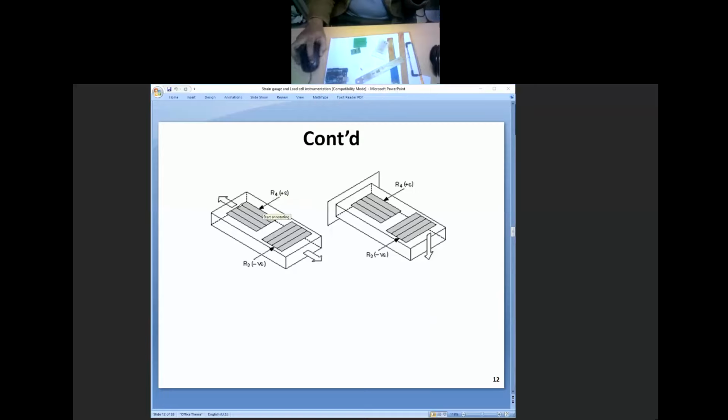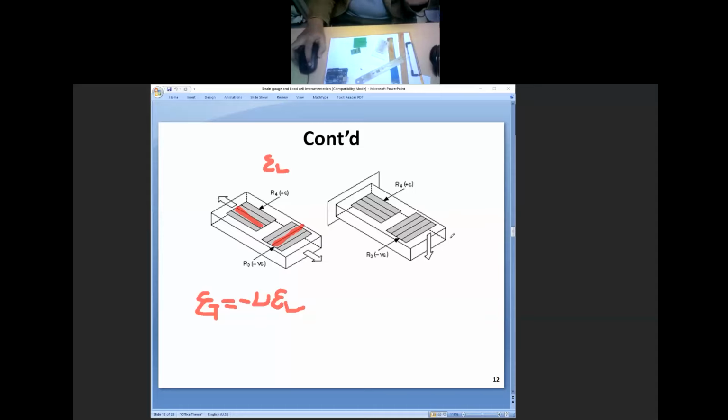One of my strain gauges lies along this axis, and another along this axis. This one measures directly the longitudinal strain, and this one measures the transverse strain. So it is the half bridge.